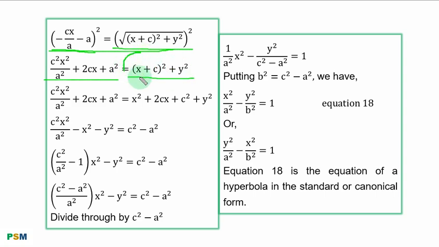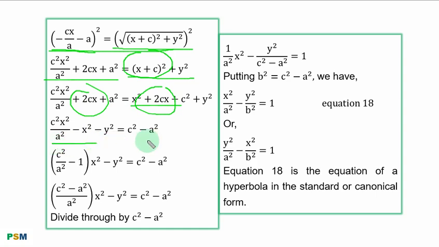When you expand this term, you have this result. These two terms will cancel off if you transfer any one to the other side. Let's move x and y to one side and the constants to the other side.